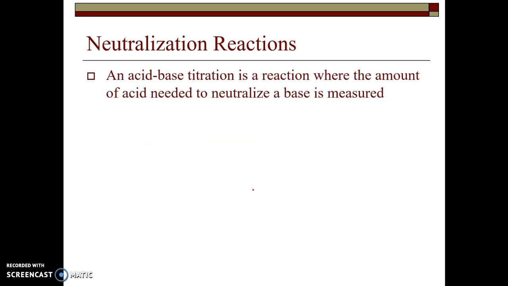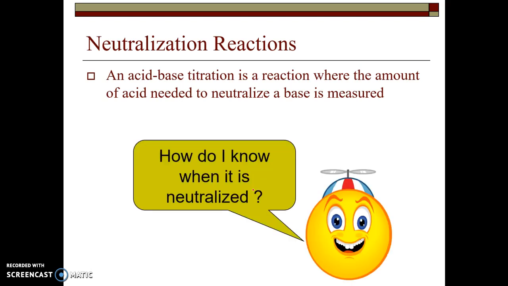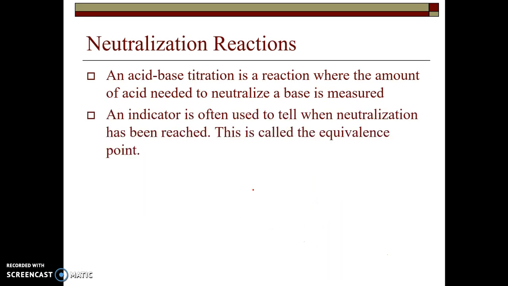Now, in order to neutralize something, we want to know how we know when it is neutralized. Acids look just like water, bases look just like water, and when they've been neutralized, we're making water. So if we didn't do anything, we would never know when it's neutralized.